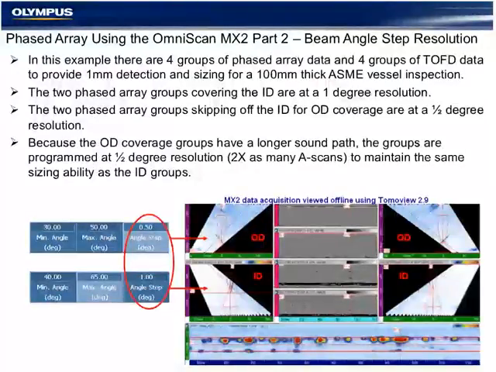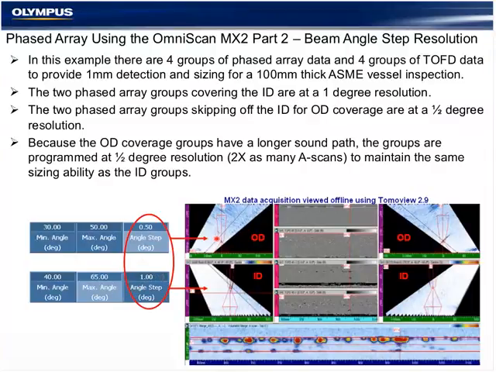To give you an example of why we would use a different angle step, we're looking at a 100mm weld here and 4 sector scan groups that are inspecting it. The bottom sector scan groups are traveling on the first leg to the weld, a short distance, so they're using a 1 degree step resolution.